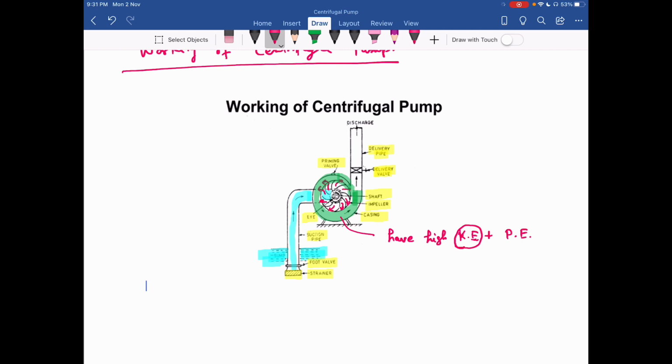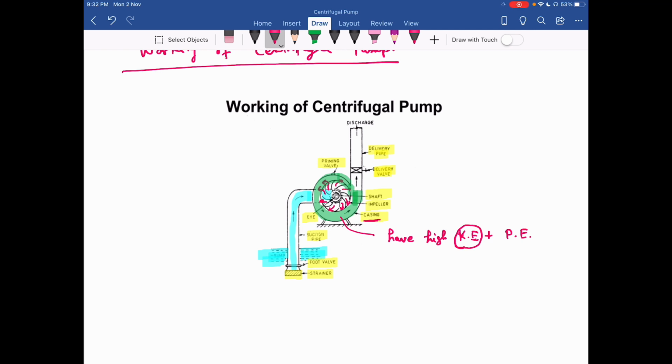So therefore, the kinetic energy gained in the impeller of a pump is partially converted into a useful pressure energy with the help of this casing. So we make this casing again of a special type whose passage is gradually increasing from one side to the another side. Okay.